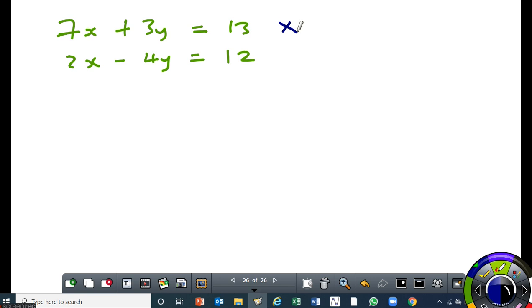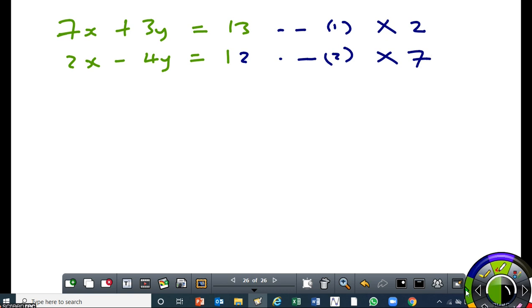So in that case, I will multiply equation 1 by 2. Let me name the equations: I'll call this one equation 1 and that one equation 2. I'll multiply the first equation by 2 and the second equation by 7. When you multiply by the 2 and the 7, you multiply both sides of the equations by that constant.